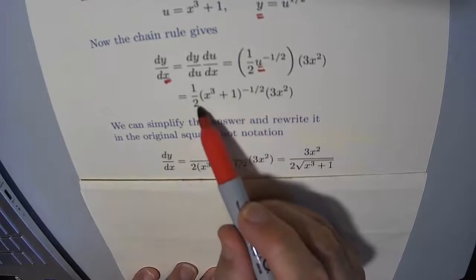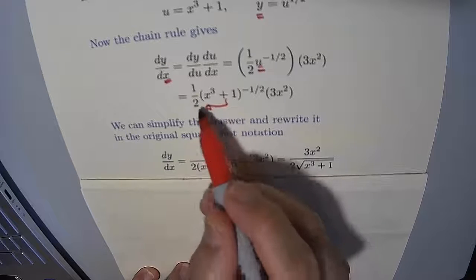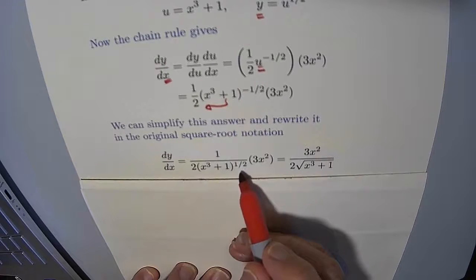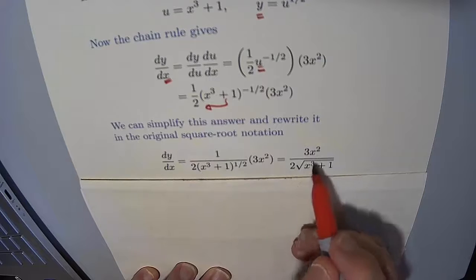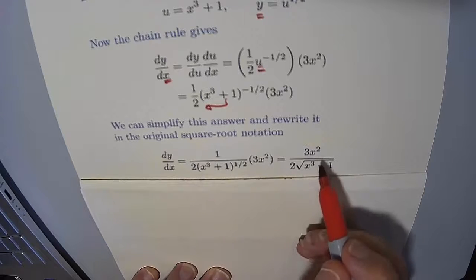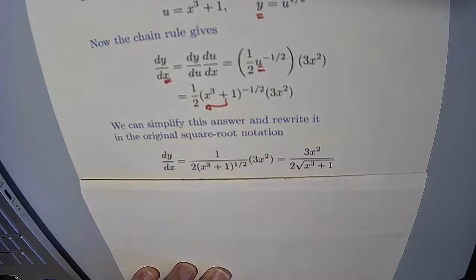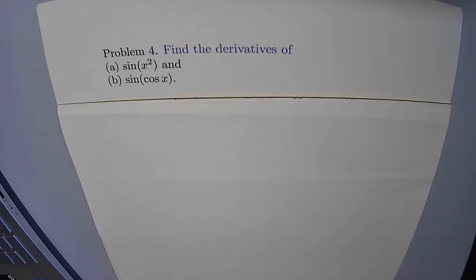If I take that down below, it will be positive 1/2, and then I can write that as 2 square root of x cubed plus 1, and then 3x squared times 1 is just 3x squared, and that's the final answer to this problem.